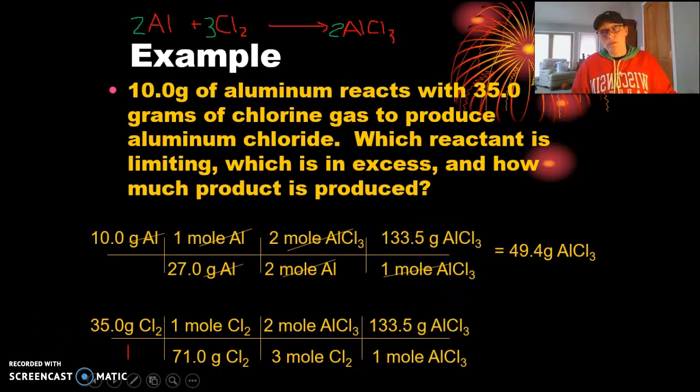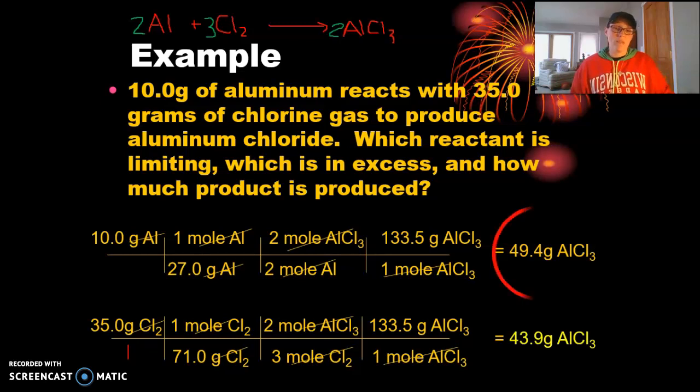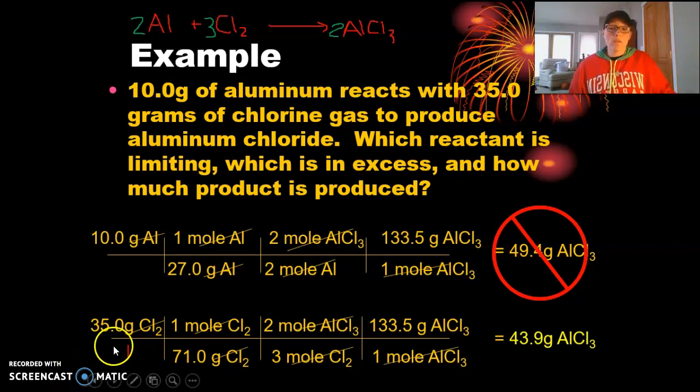Now we're able to cancel out any of our units, and the only units we end up with is grams of AlCl3. And we see that we have 43.9 grams of AlCl3. That is going to be our limiting. That is what we are going to run out of. When we have 35 grams of chlorine right here, we're not going to be able to make any more than 43.